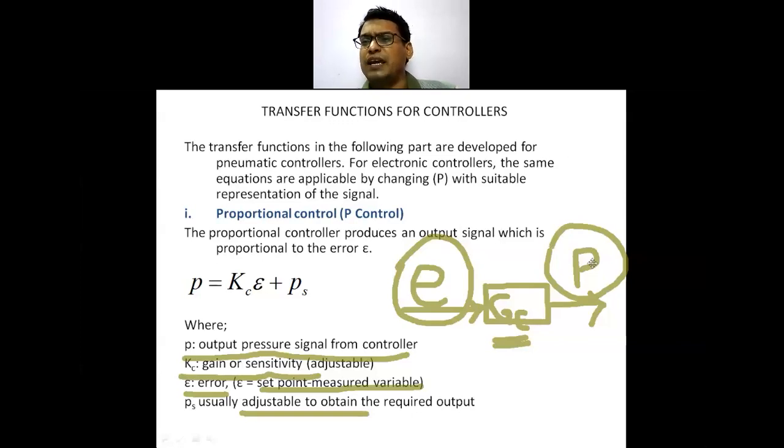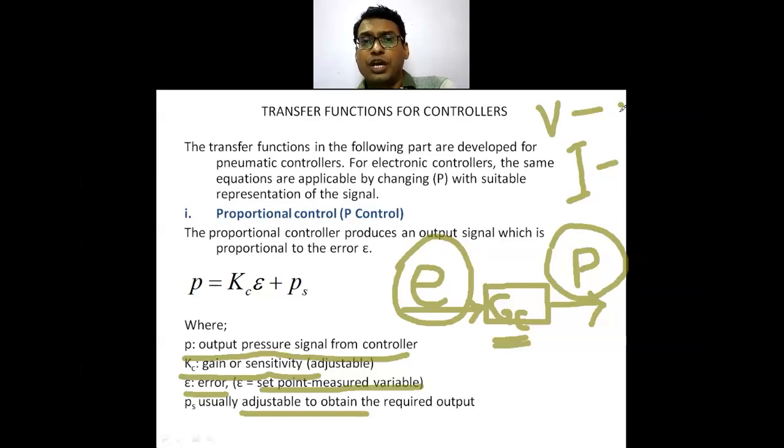Instead of P, it becomes I, or the voltage. I to P converters are there, I or the voltage in case of electronics. In the last class we talked about the current being in between 4 to 20 milliamps and the voltage in 3 to 15 volts.